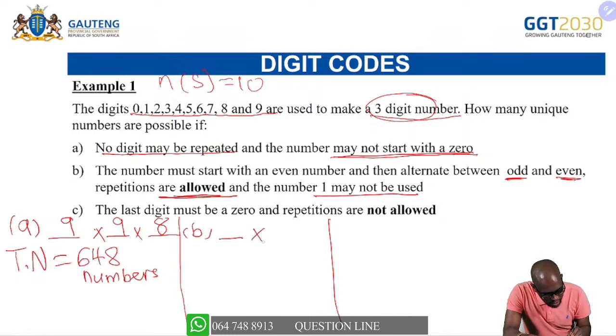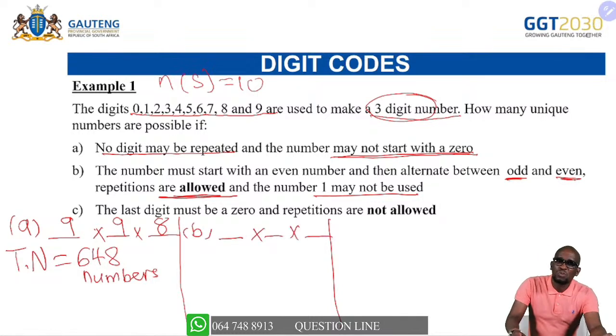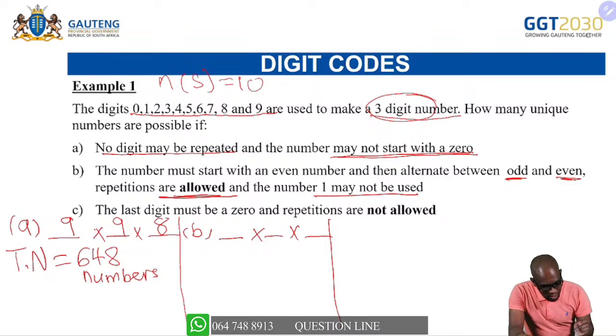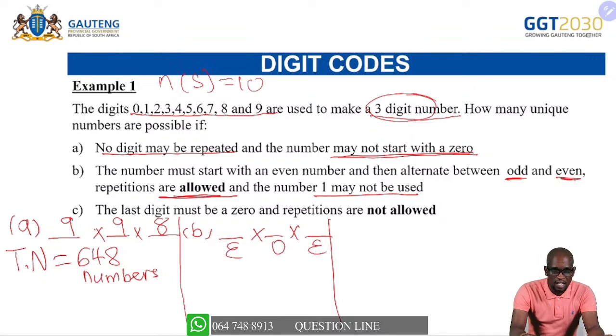So 1, 2, 3, we open 3 spaces to fill in those options. Now, remember, they said it must alternate between odd and even numbers. So we have even, odd, even. It alternates between odd and even numbers.